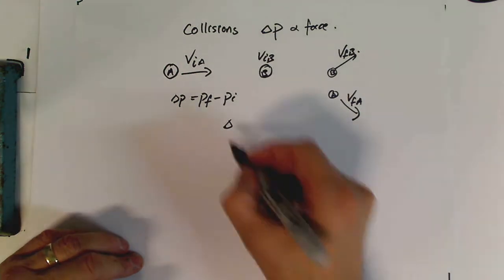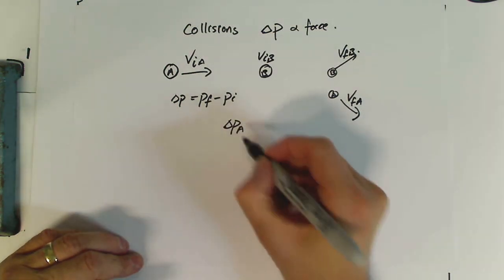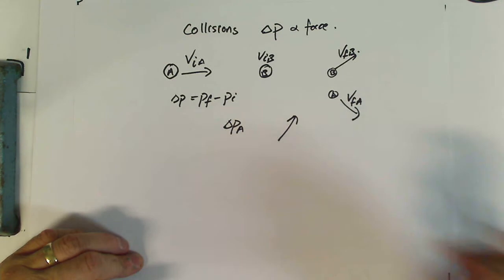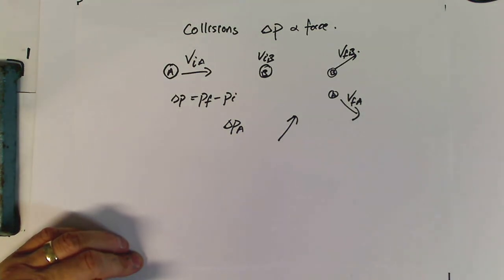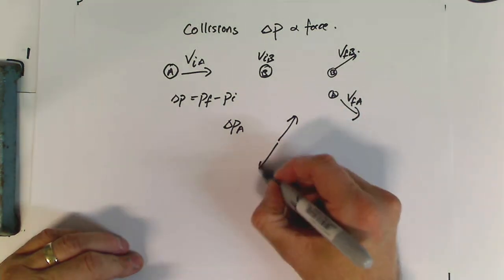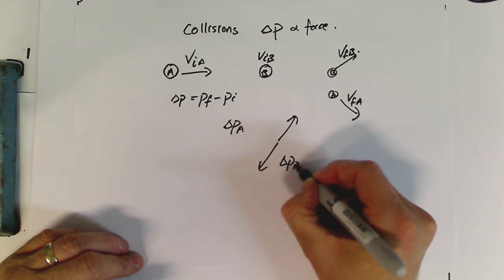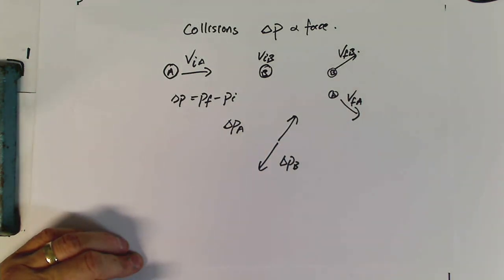Right? If you end up with a delta P for A and it looks like that, then you know immediately that your delta P for B looks like that. They are equal and opposite, and they are equal and opposite because of conservation of momentum.